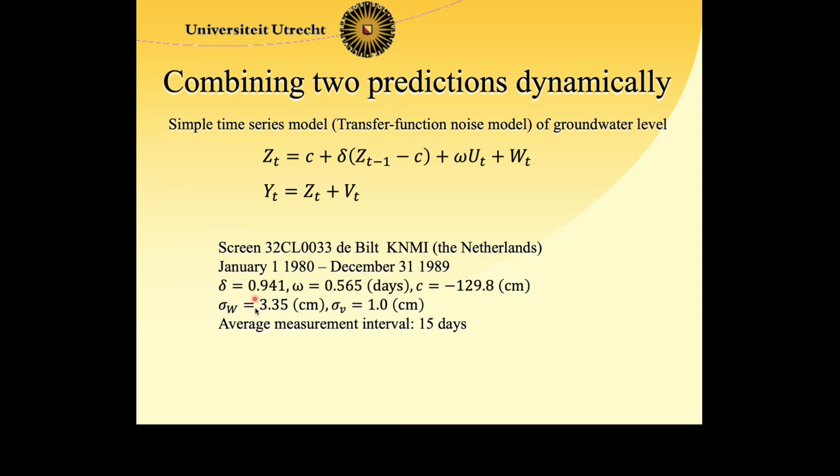We calculate the variance of the residuals if we apply this to our observations, and we get a standard deviation of 3.35 centimeters. And we assume a rather large, but just for a matter of explanation, measurement error standard deviation of 1 centimeter. And every 15 days on average, we take observations.